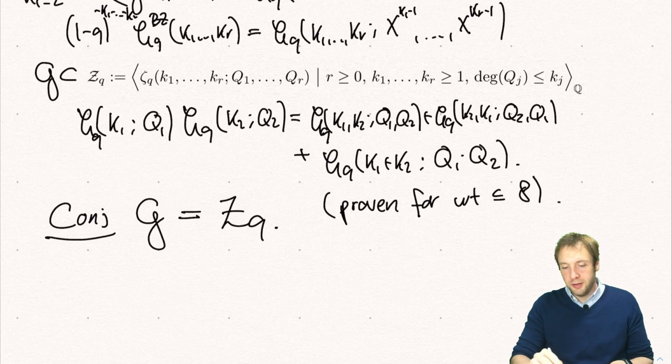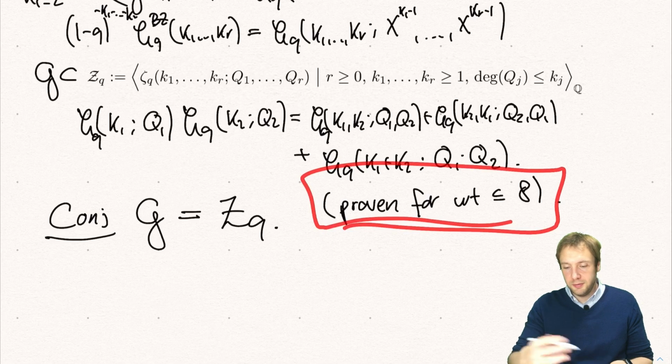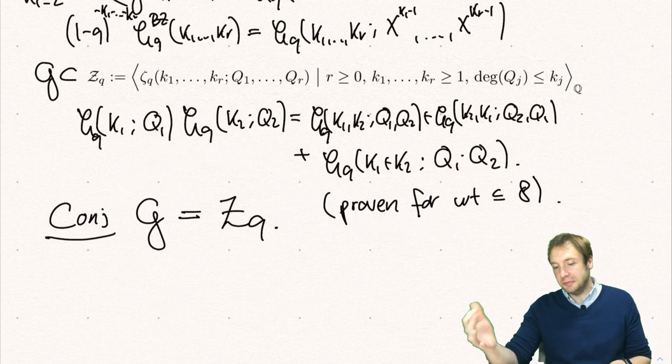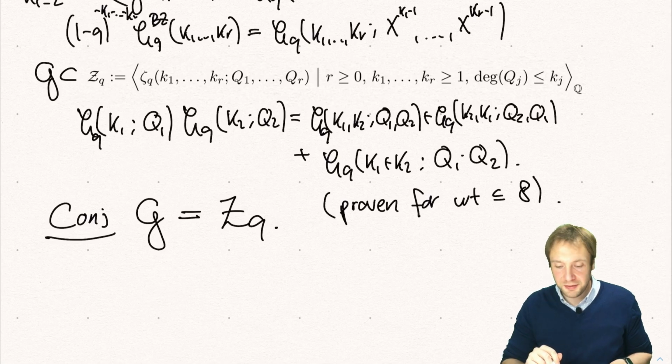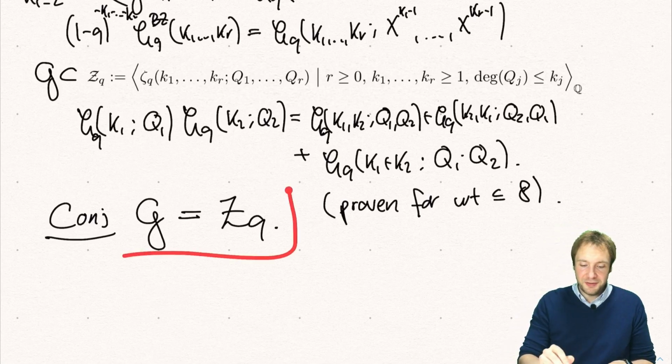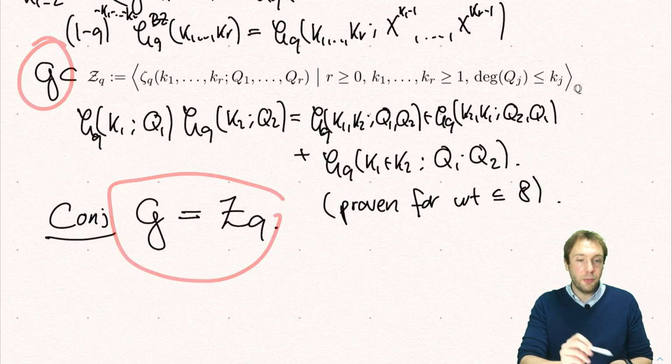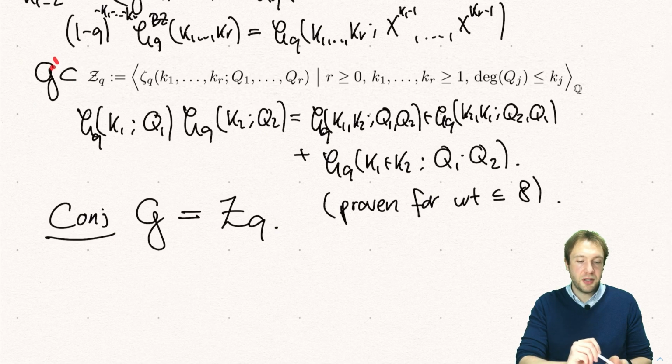But numerical experiments indicate that this is true for all weights up to, actually I forgot the exact number, but for higher weights than weight 8. And this is quite surprising, but this also means that there might be a way to explain this shuffle product purely on the space G.